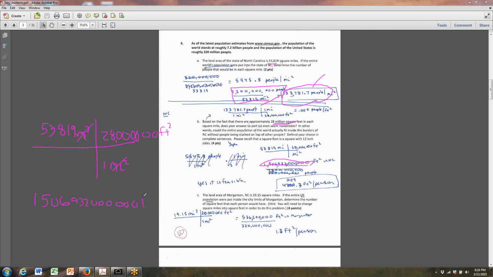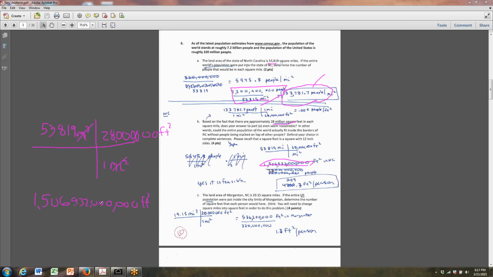So that's how many square feet you got. And let's look at this. I guess that's 1,506,932,000,000 square feet. All right, that's how many square feet are in North Carolina.